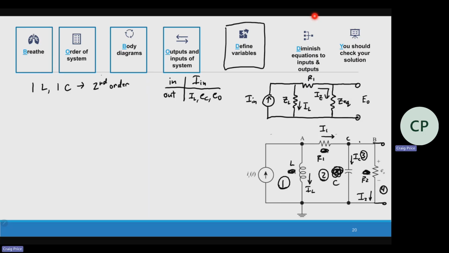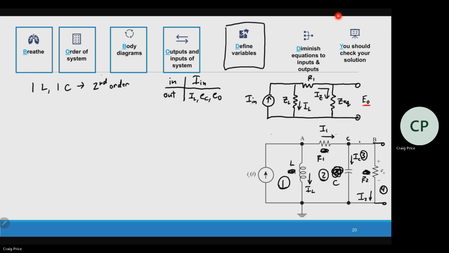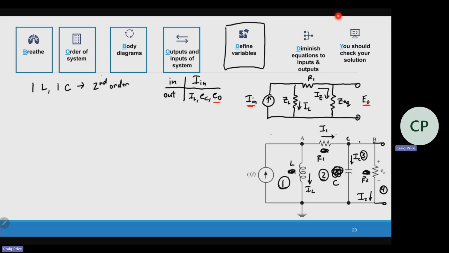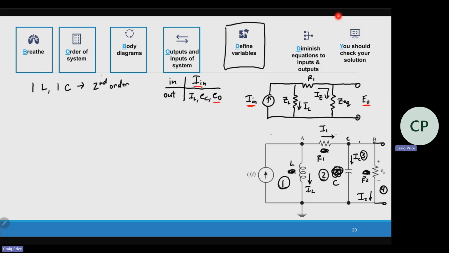Got a question. We're looking for E out over I in. E out over I in. So that's what we want to find.